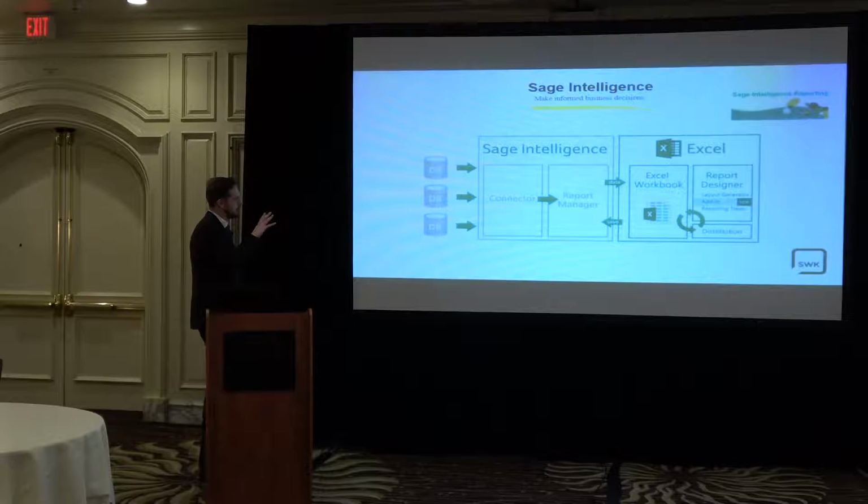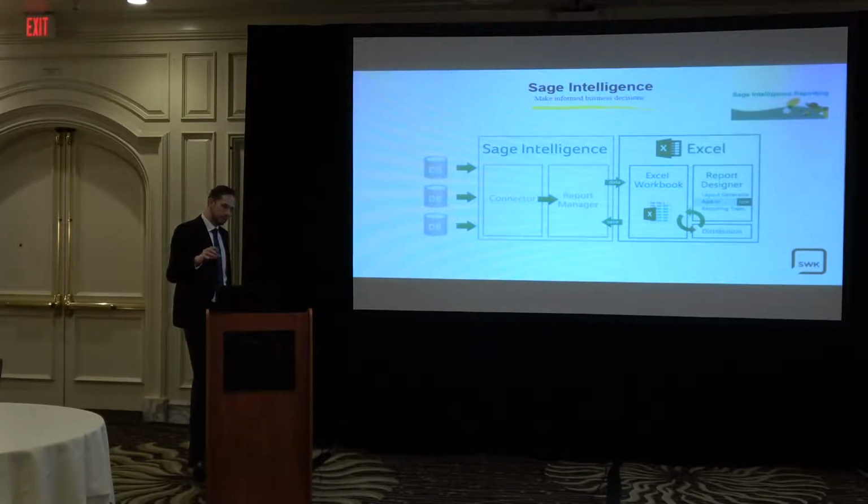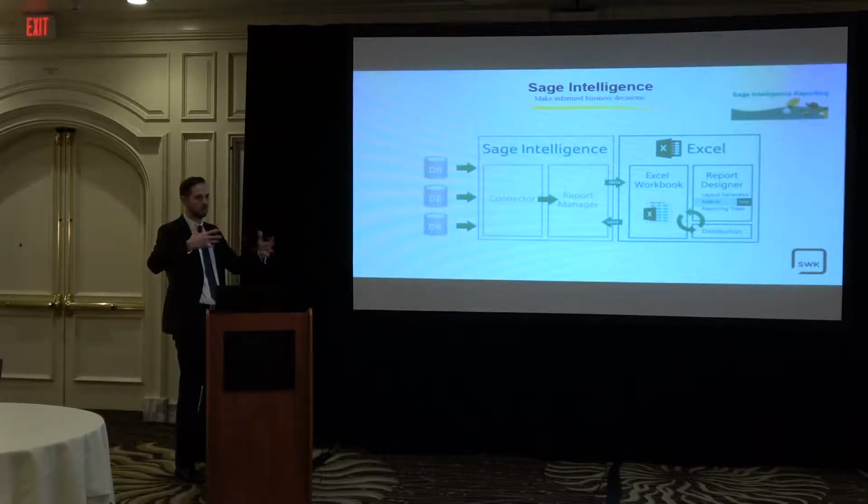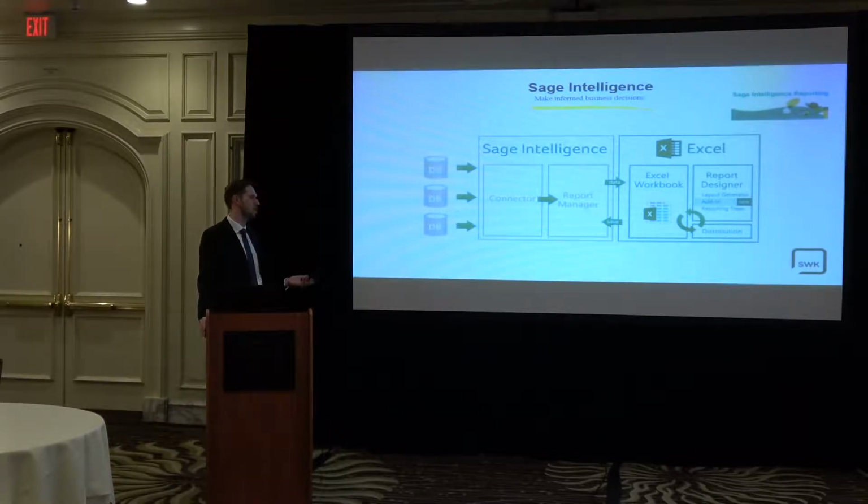There's a tool within Sage Intelligence called the connector. This is the piece of Sage Intelligence where the queries live. If you want to report on data, you need queries to get the data out of your data sources. So you need to tell your report, I want to ask these 5 tables for information, and this is how I want it presented.